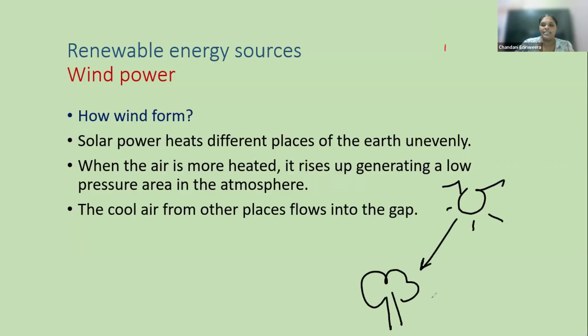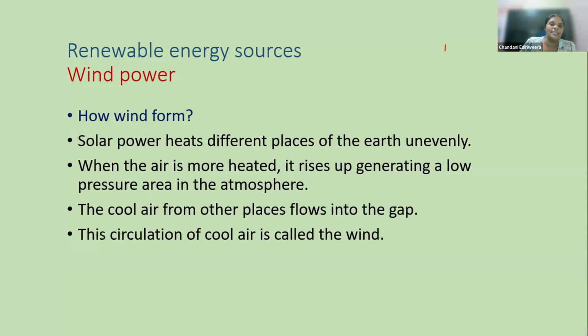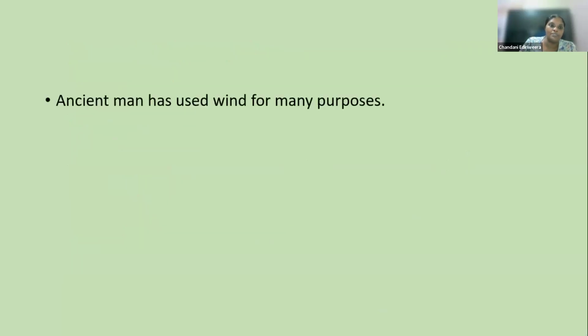Some places get cool and some places get more hot, then the hot air goes up and the wind blows from one place to another. That is what we call wind. Now the wind has kinetic energy, and we can use this kinetic energy for many purposes.